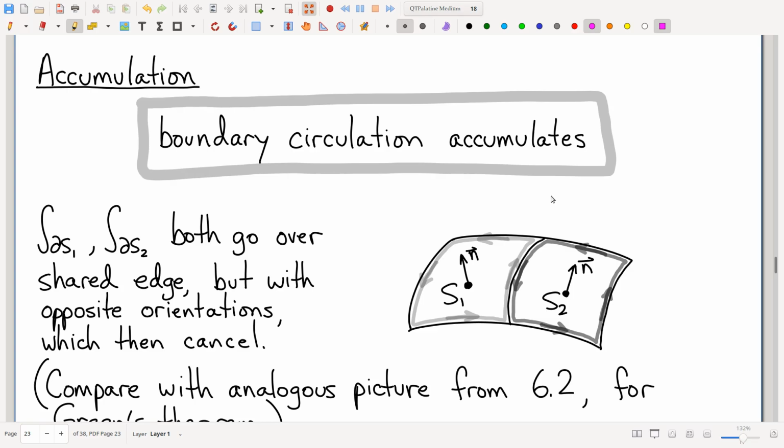Stuff is distributed over the interior, has a resulting density, and you can compute stuff as an integral of that density. We've done this in a lot of different contexts. We did this with mass. We did it with circulation to get Green's theorem. We did it with flux through a curve to get the two-dimensional divergence theorem.